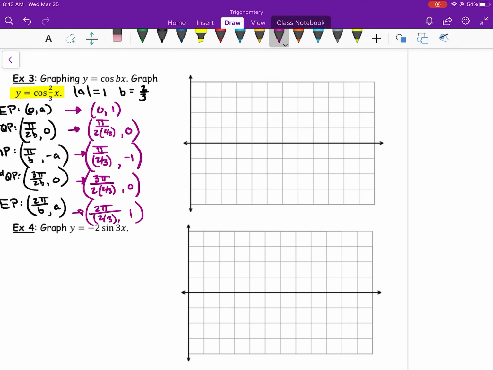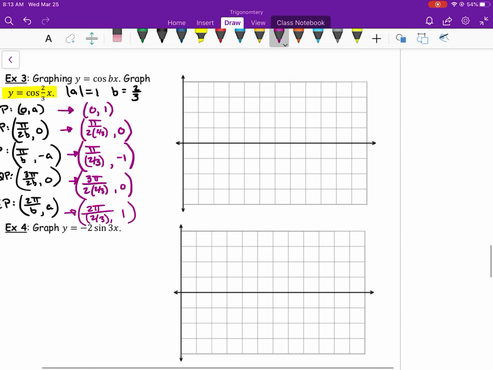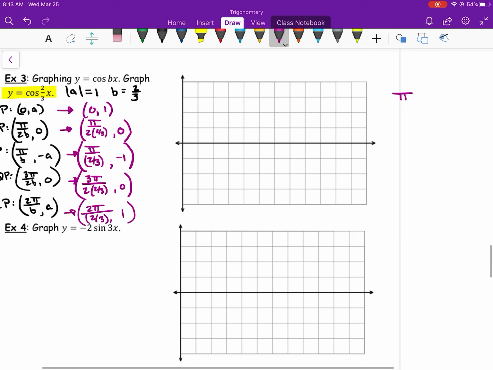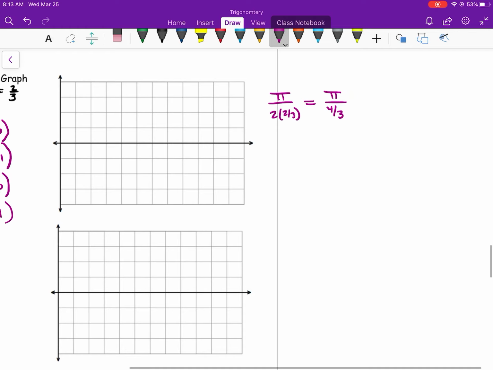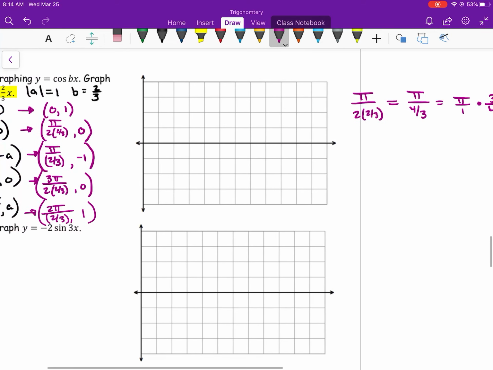Okay. The ugly math. So my first quarter point, I'm doing my scratch work over here. So I have pi over 2 times 2/3, which becomes pi over 4/3. Now we can't divide fractions, so it becomes pi over 1 times the reciprocal of 4/3, which is 3/4, which is 3 pi over 4.